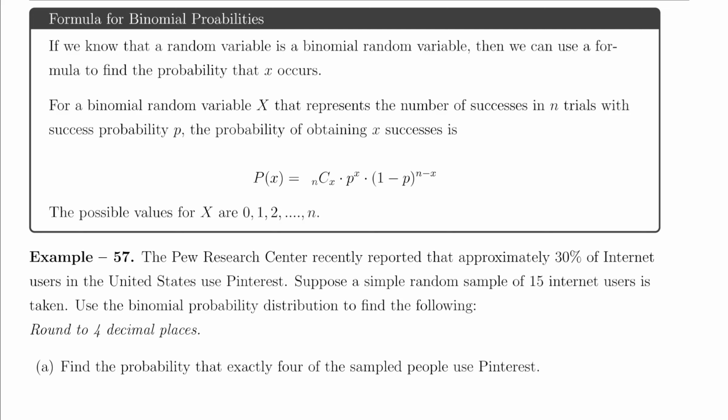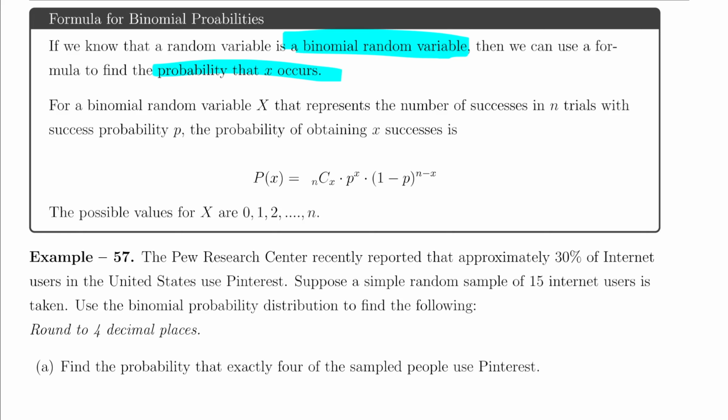If you know something is binomial, then we can use a formula to find the probability that x occurs. So x is a particular outcome for the random variable, and our possible values for x are 0, 1, 2, 3, 4, 5, 6, etc. So the probability formula for x successes in a binomial is this.